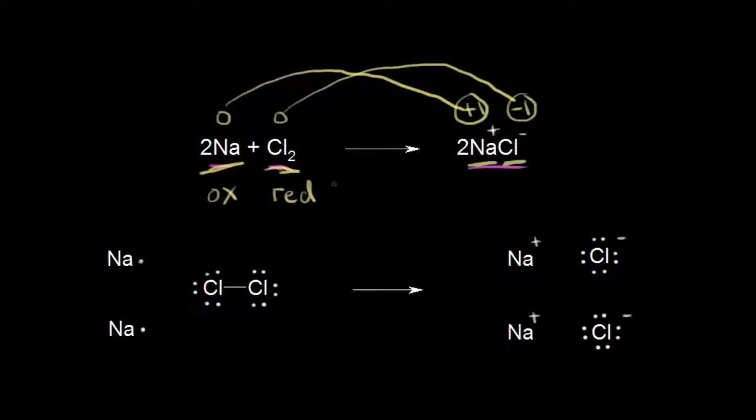Now, before we assign oxidizing and reducing agents, let's just go ahead and talk about this one more time, except showing all of the valence electrons. So let's also assign some oxidation states using this way, because there are two ways to assign oxidation states. So let's assign an oxidation state to sodium over here. If you have your electrons represented as dots, you can assign an oxidation state by thinking about how many valence electrons the atom normally has and subtracting from that how many electrons you have in your picture here.